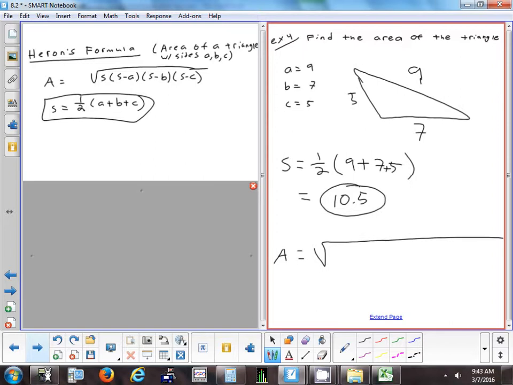Now, fill it in. So it's the square root of s times s minus every side. Do it in any order you want, it doesn't matter. That's s minus a, s minus b, and s minus c.